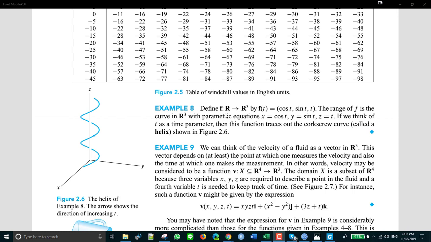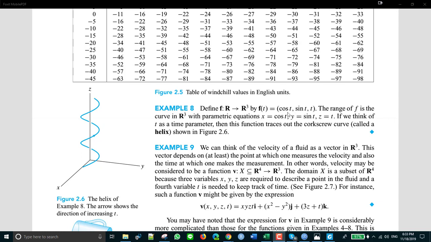Okay, now here's a function from R to R3. What does that mean? So the function is f of t. I think we've seen something like this where we had what we called a vector valued function. Anyway, let's see what happens here. The input is just t, and the output is what?